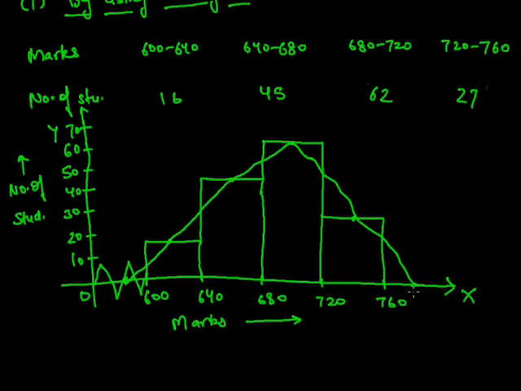And for completing it, we need to connect the curve to the x-axis on both sides, that is, the starting point and the end point of the frequency polygon curve will be on the x-axis. Only then will this frequency polygon curve be complete. So now, as you can see, this frequency polygon curve is completed. So in this way we need to make the frequency polygon curve by using a histogram.